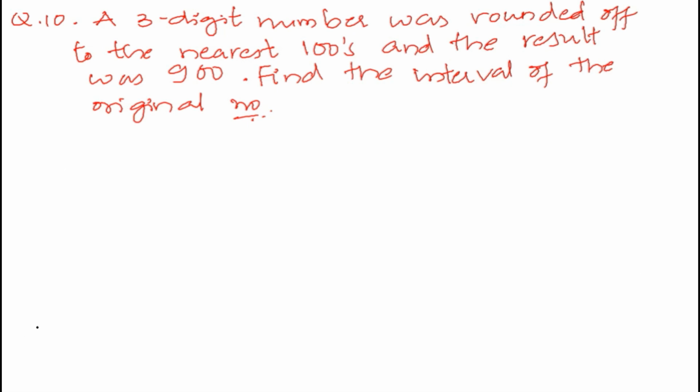Here we have a 3-digit number, so I have to consider units place, tens place and hundreds place. Since the rounding off is done for the nearest hundreds, I can't really fix upon any of these 3 places. Minimum it has to be 850. So when it is 850, it will be rounded off to 900.